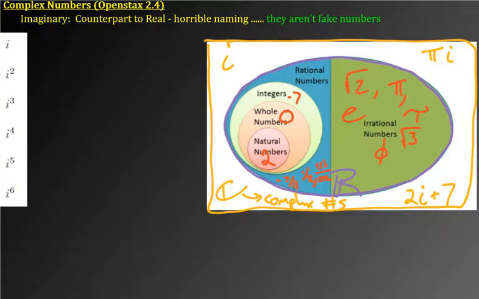So they're really just like the opposite of the purple bubble here, the things that are outside of the purple bubble. They're just the counterpart to real. Just like you have rational and irrational, the opposite word of real is imaginary. So they just called them imaginary, just like this blue chunk is opposite this green chunk.